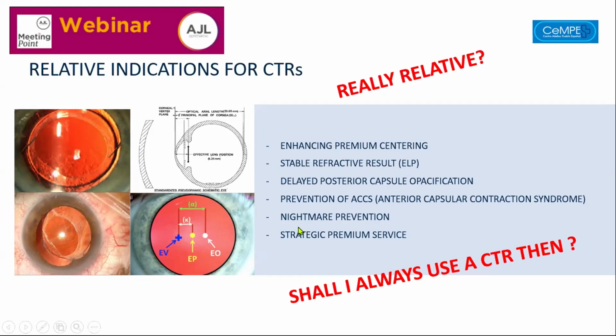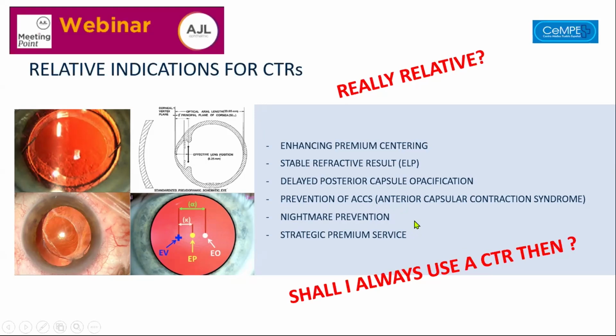But if you have it and you implanted a CTR during the surgery, then I can assure you from my experience, you can do an uneventful explantation and lens replacement even 1 year after surgery without any complication.